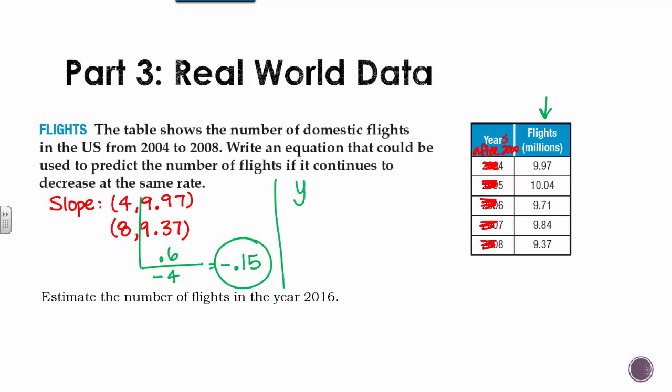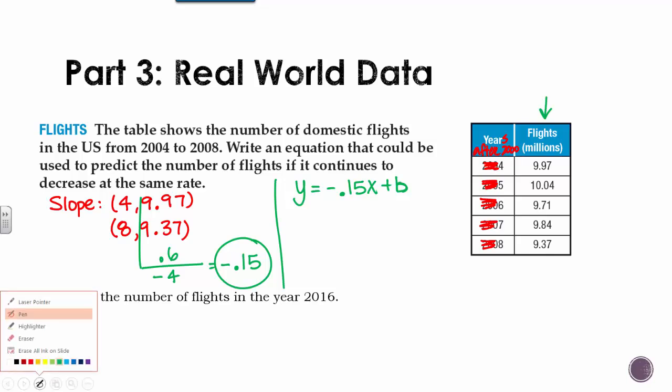So now, if we were to stop here, our equation would look like this. But we got to find a y-intercept. We got to find where it starts. So let's plug in another point. I'm going to pick the last point.